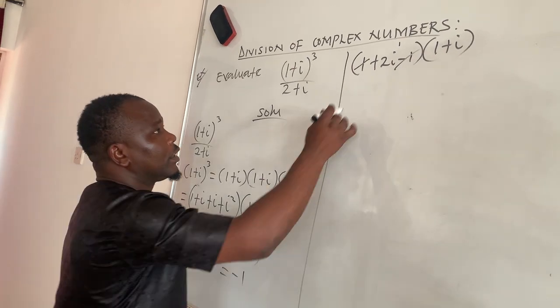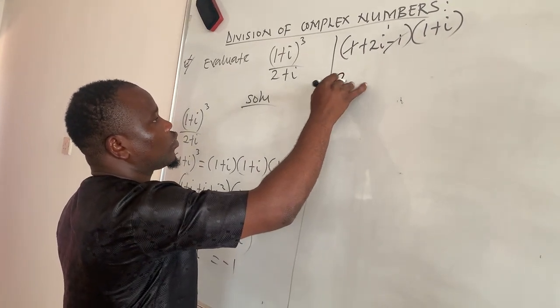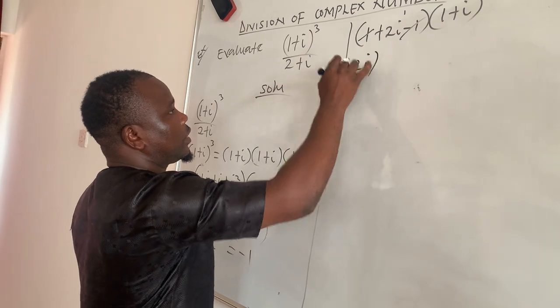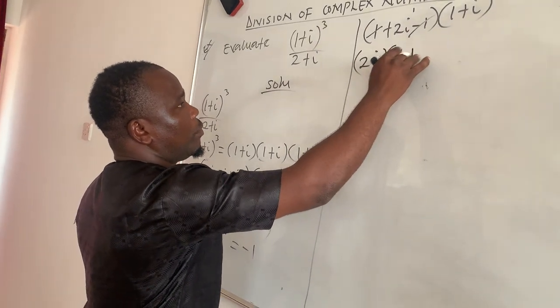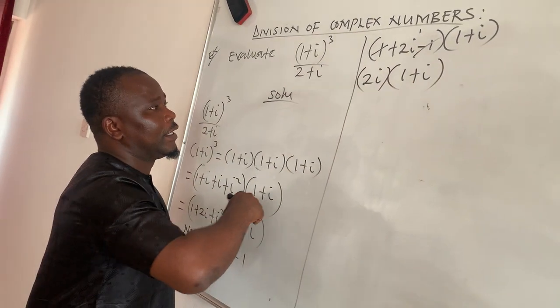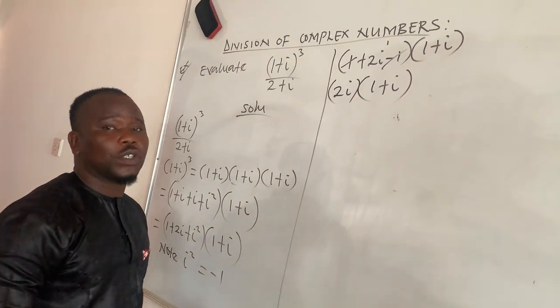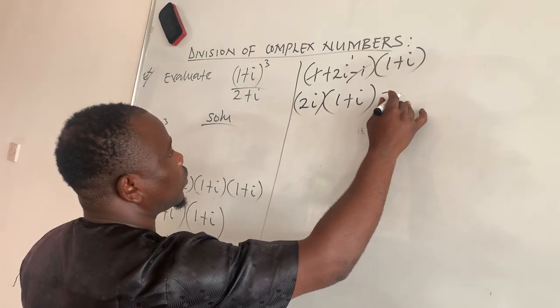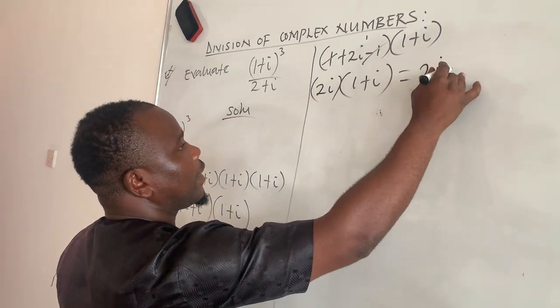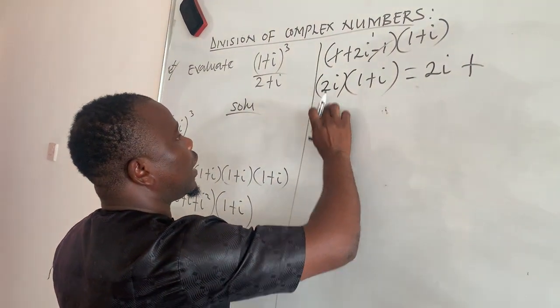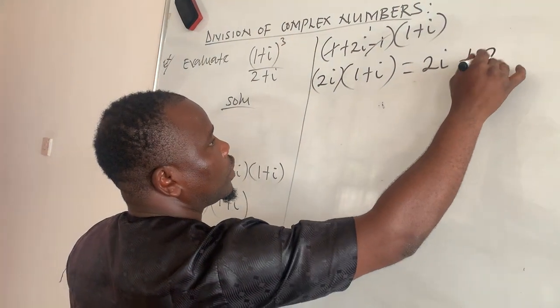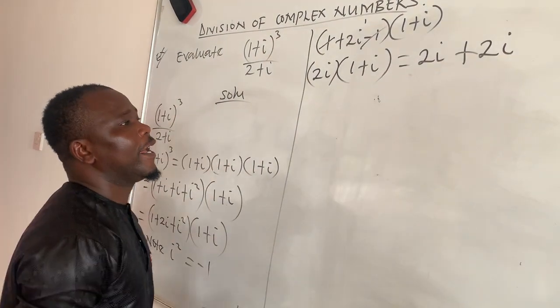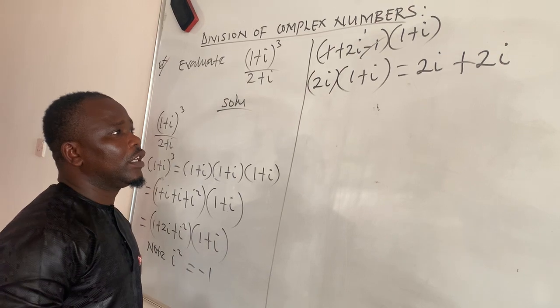So this will give us 2i, the first bracket, all times (1 + i). Then let us multiply out the two brackets. If we multiply out the two brackets, we are going to have 2i plus 2i times i, which will give us 2i squared.